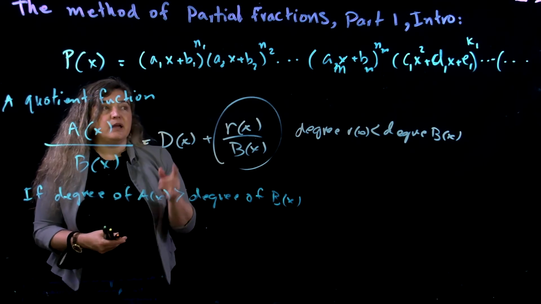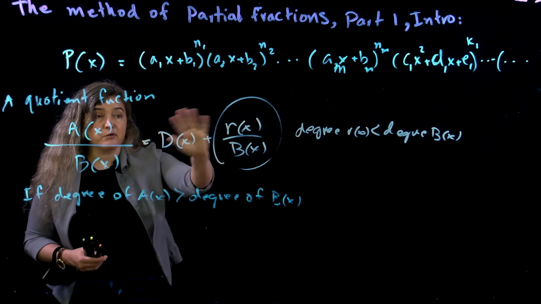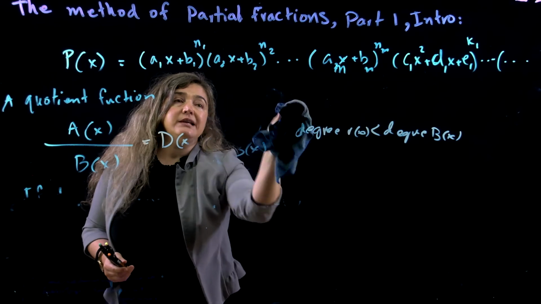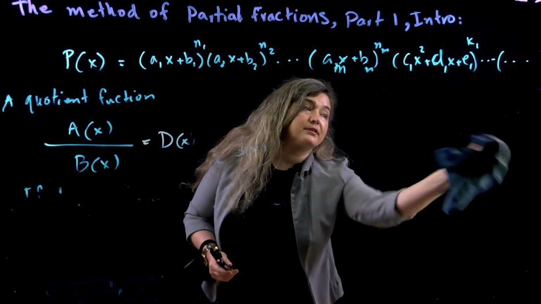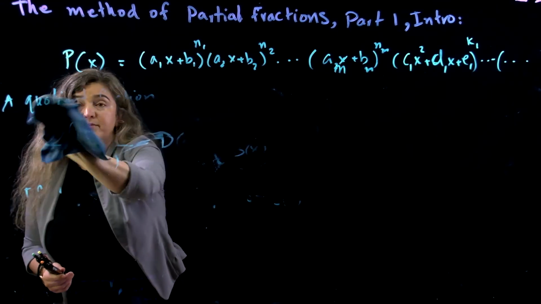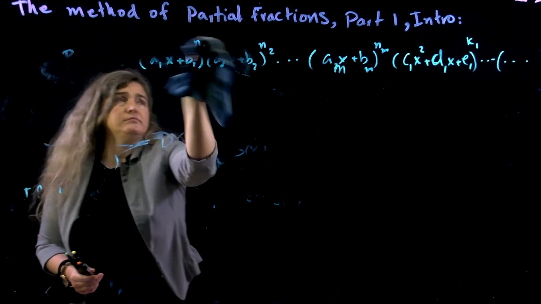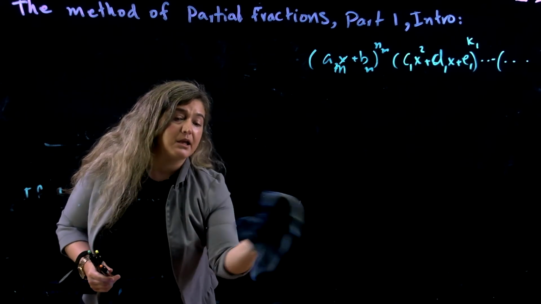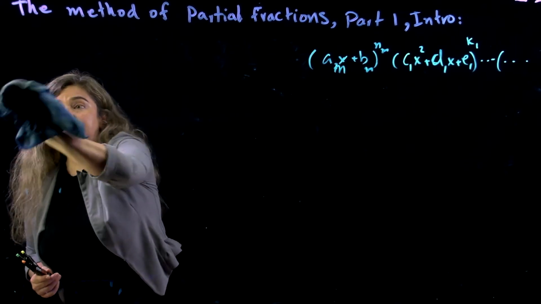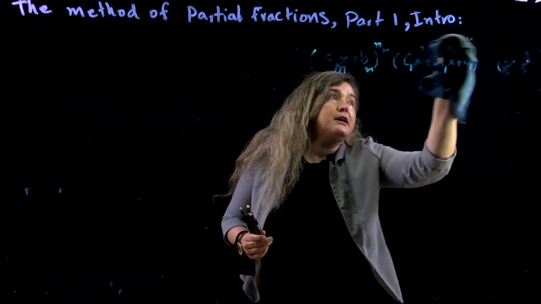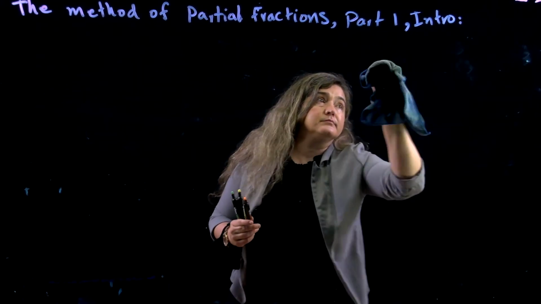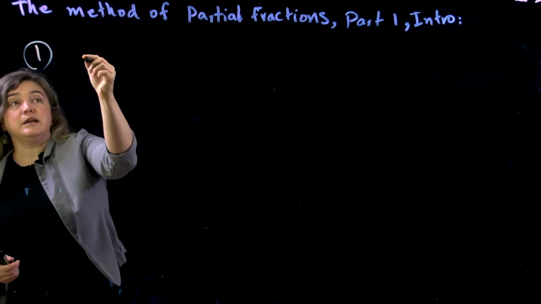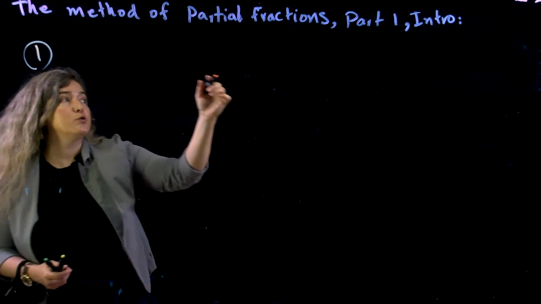So let's erase all that and do the next part. So let's say that we have a quotient function. Here's the plan. One, consider the quotient function.